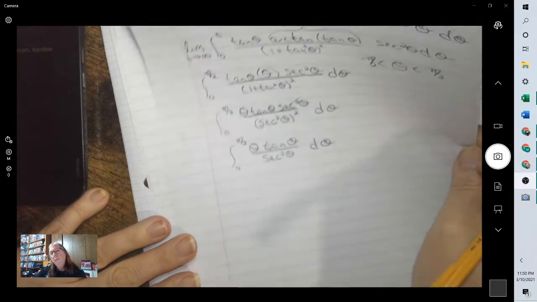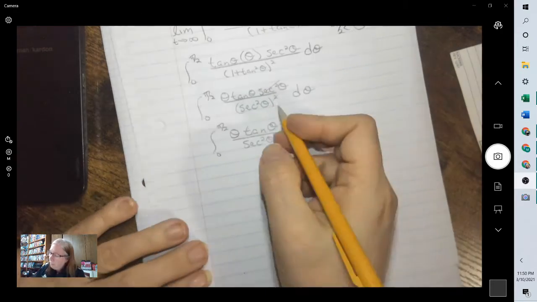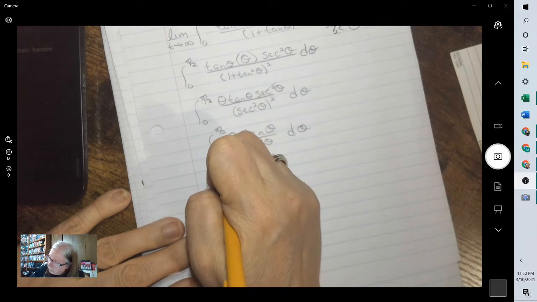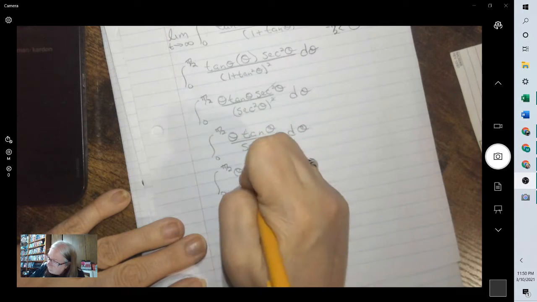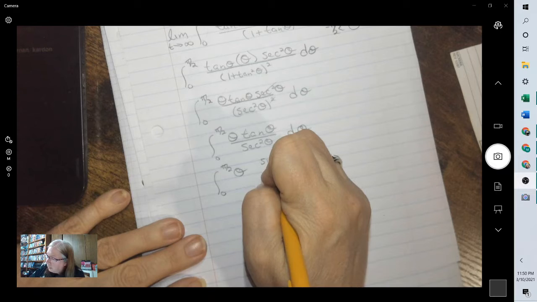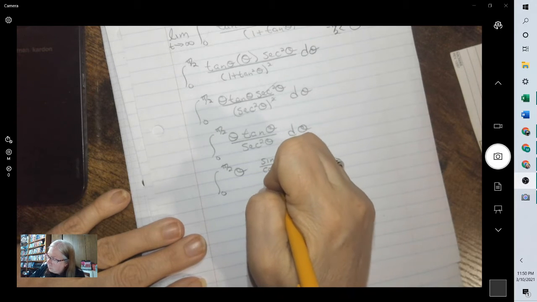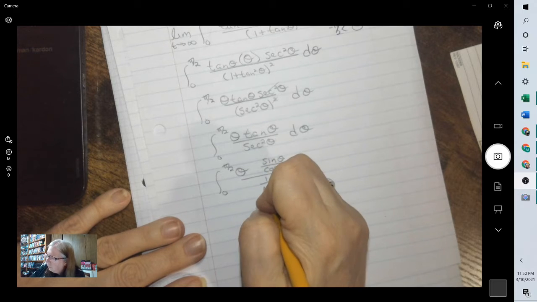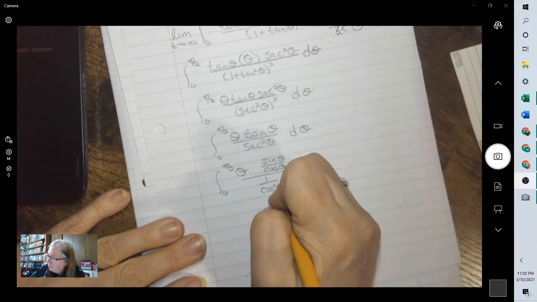Now we can rewrite our tangents and our secants as sines and cosines, so we can simplify them. Tangent is sine over cosine, and secant we know is 1 over cosine squared.